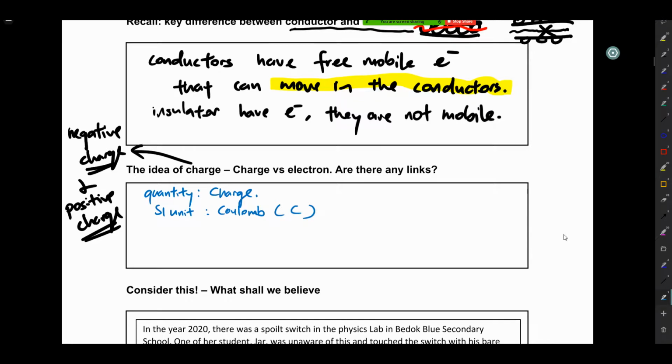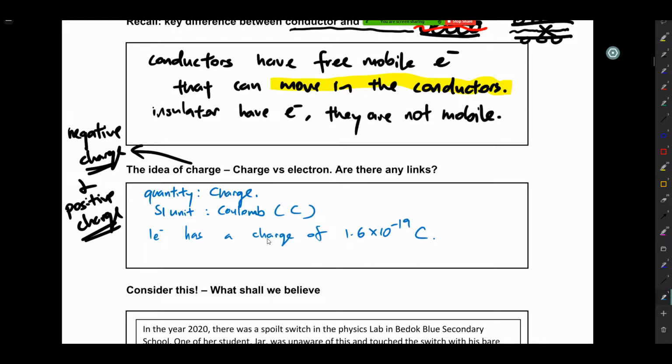So what is charge? Charge is a characteristic of an electron. Just to give you a rough idea, one electron has a charge of 1.6 times 10 to the power of minus 19 coulomb.